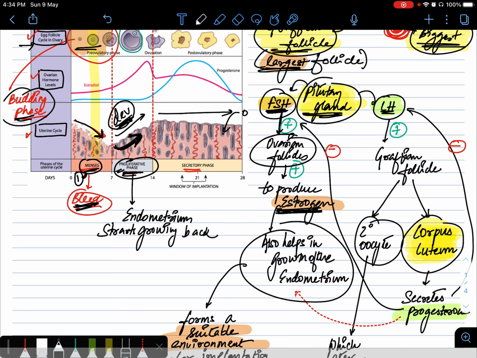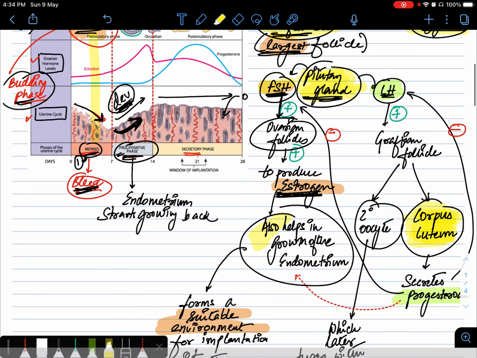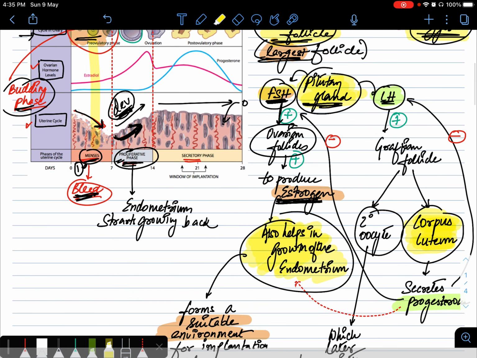Now the main function of the estrogen is what? Estrogen will help in the growth of the endometrium, along with the progesterone also, but we'll learn that later. The ovarian follicles secrete the estrogen because of the FSH, and it will help in development of the endometrium.